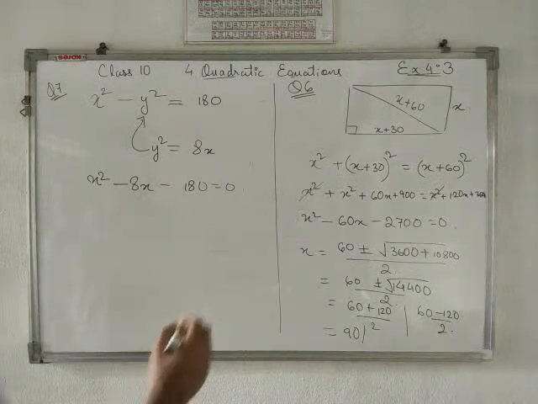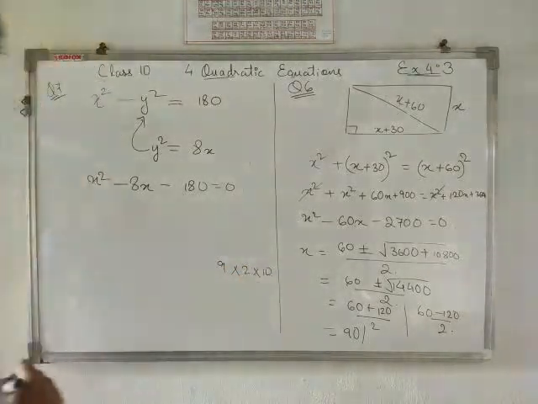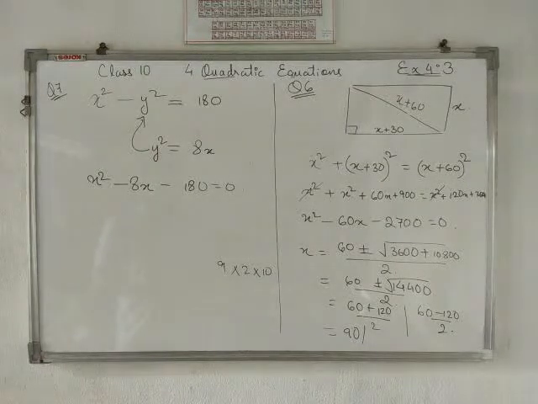180. 180 is 9 twos are 18, 10s are 18, 20. 18 and 10.